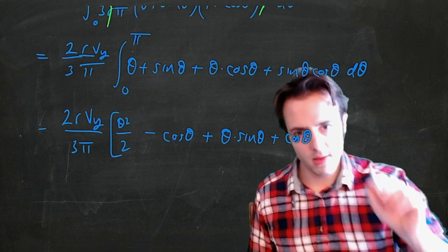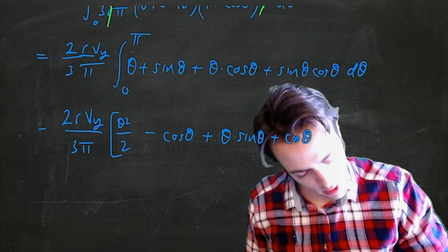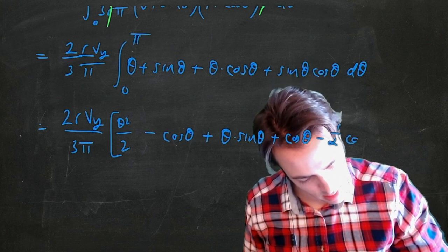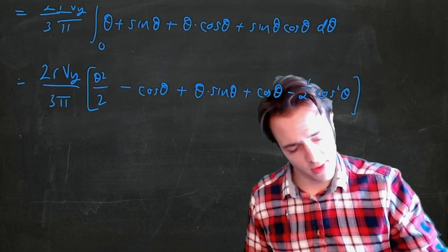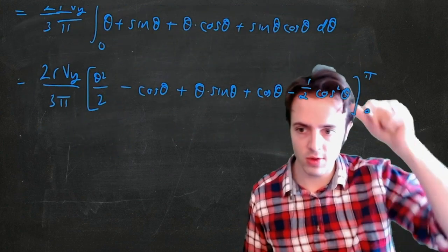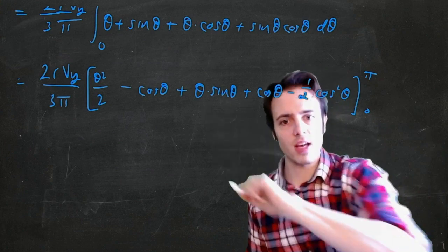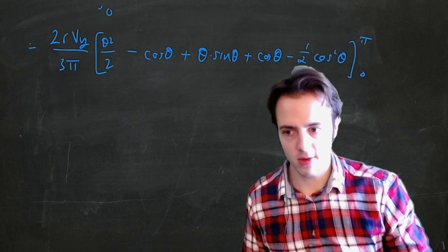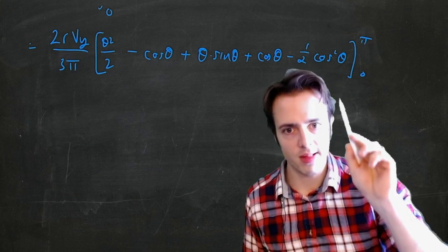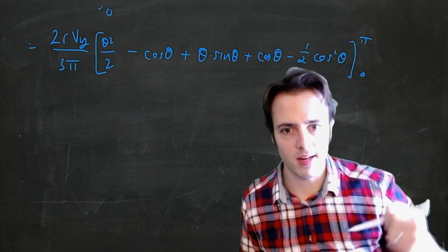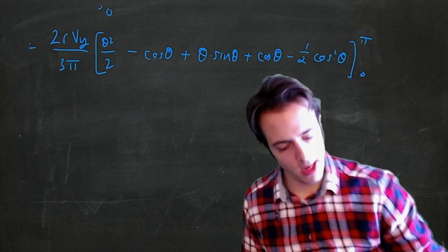And then this one becomes minus half cosine squared theta. And actually, because the limits for this are pi and 0, all of these trig terms cancel out, which is very handy. The only one that's left is this, and we get plus a half, minus a half, and they cancel. These all cancel out as well.